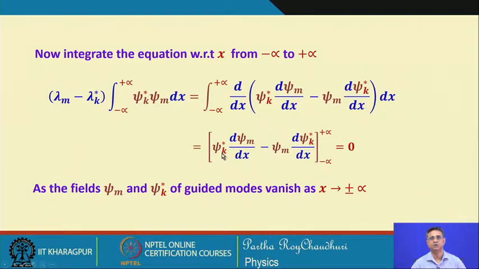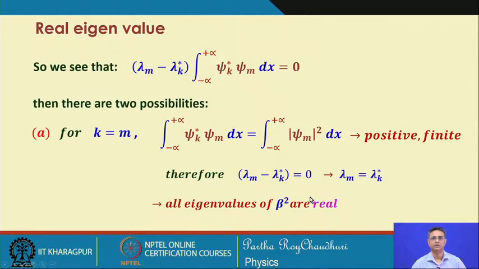So, this will be the result of the integration of psi k star, but this is equal to 0 because the psi m and psi k for guided modes will vanish as x tends to plus infinity and minus infinity. The fields will become 0 far away from the waveguide along the side length.